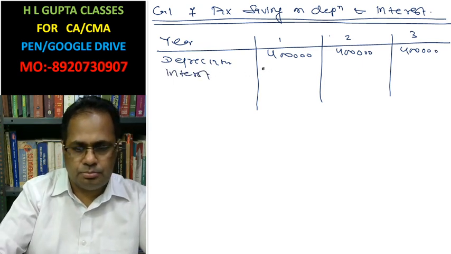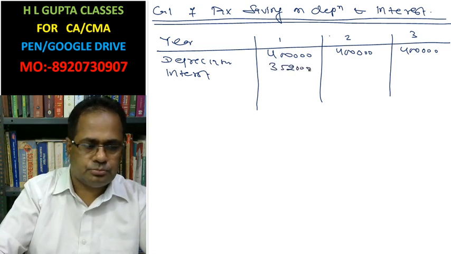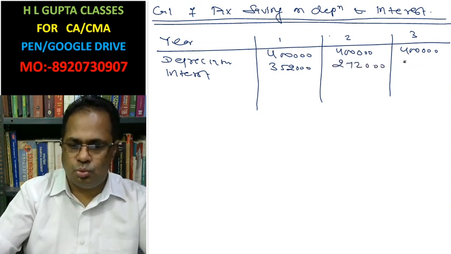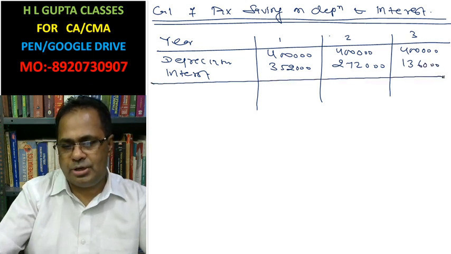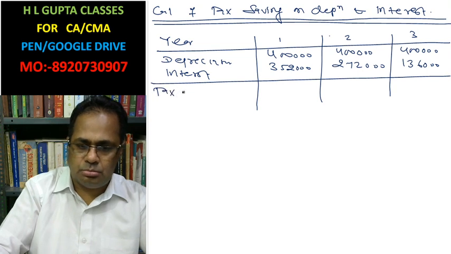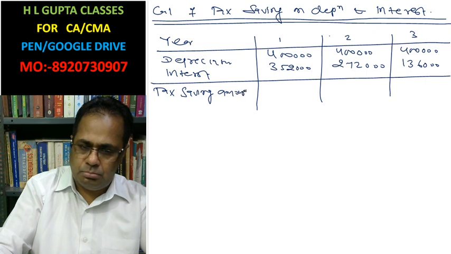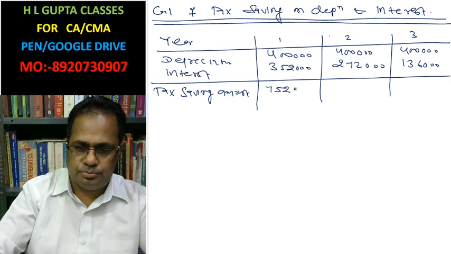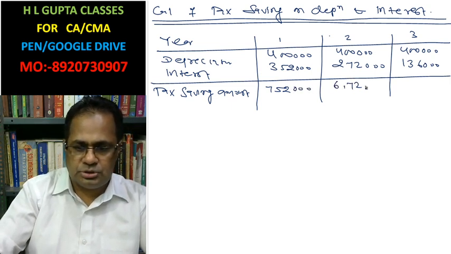Interest you write here: 3,52,000, 2,72,000, 1,36,000. You can say this is the tax saving amount: 7 lakh 52,000, 6,72,000, 5,36,000.